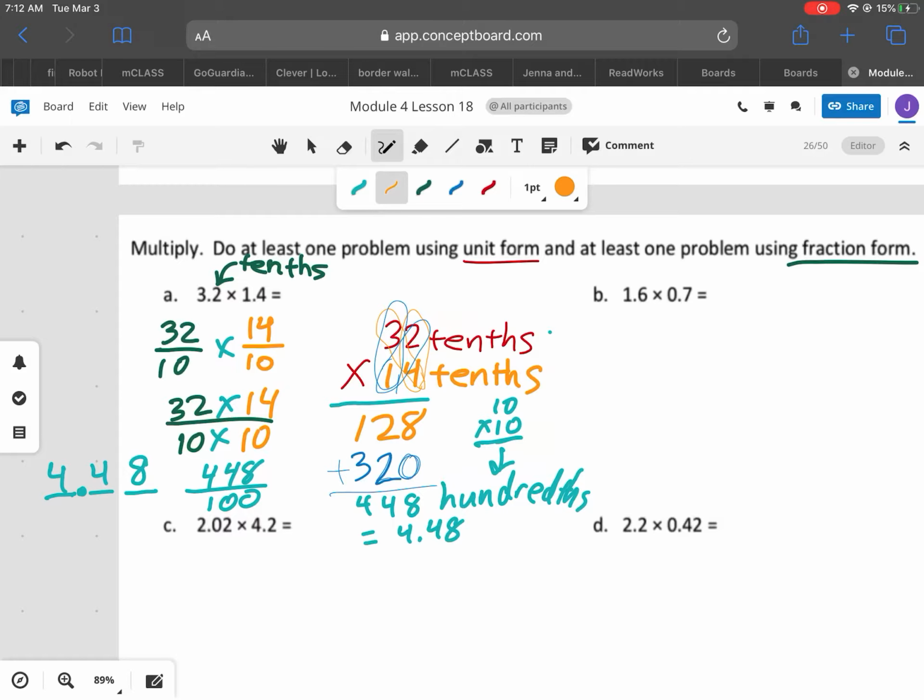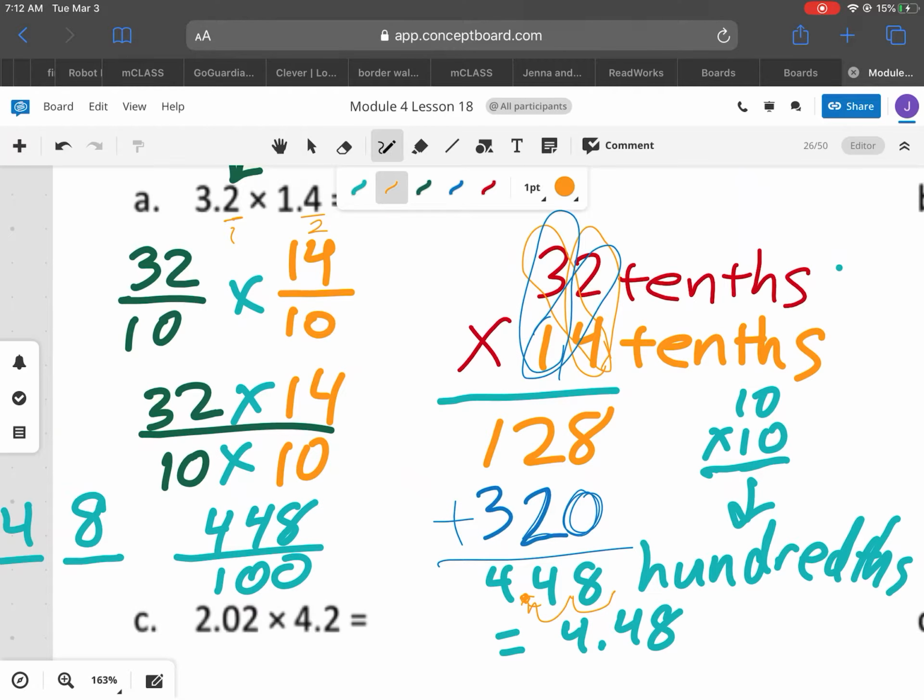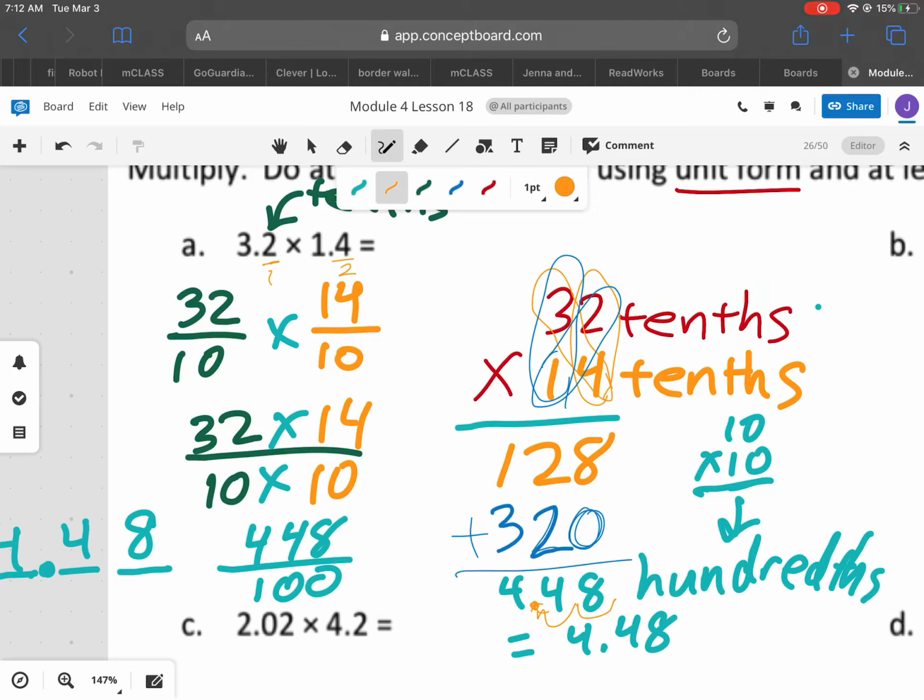Now, we can also check this because we have 2 decimal places. So what happens here is we're going to go 1, 2, and then put a decimal right there. Okay, I'll show you that a little closer. So because we had these 2 decimal places, we're going to go from the back, 1, 2, and then put our decimal.